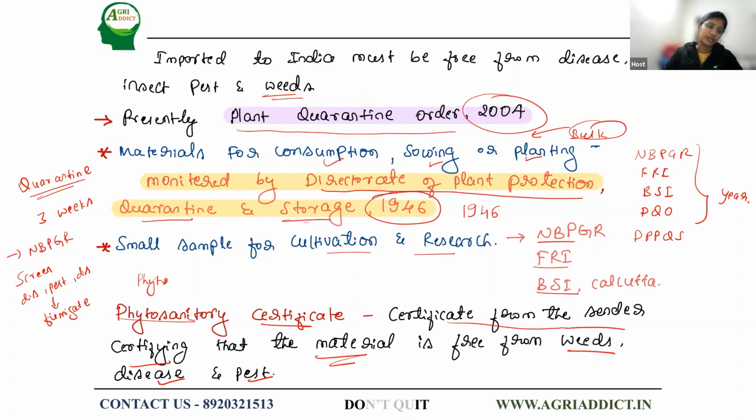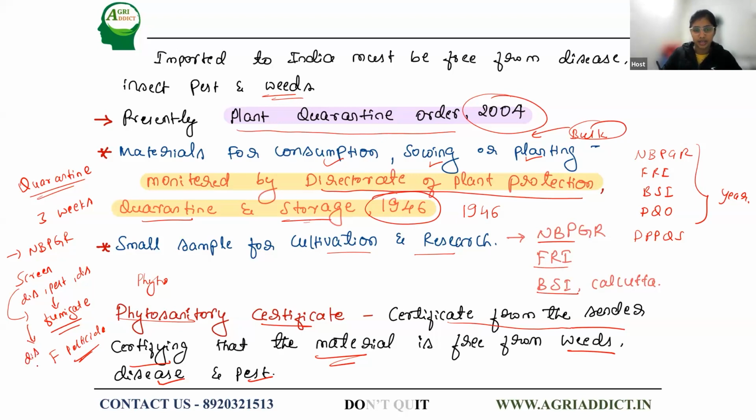Fumigate it. And also it is necessary that before sending, the sender should not treat the material with any fungicide or pesticide. So he should not treat them before sending. After coming here, they'll screen the materials for any disease, pest or weed seed. If found, they'll try to eliminate the disease.